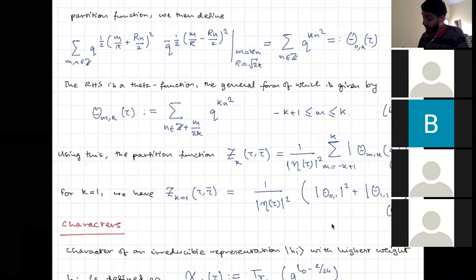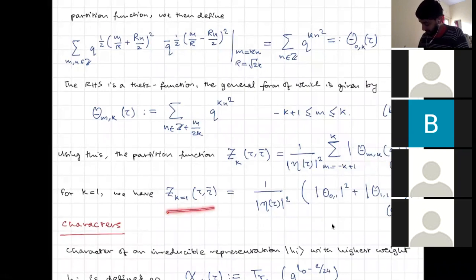So if you have k equal to 1, this particular k equal to 1 partition function is a sum of these two terms, which is theta 0 1 by eta squared and theta 1 1 by eta squared.